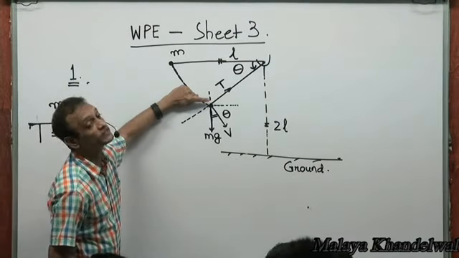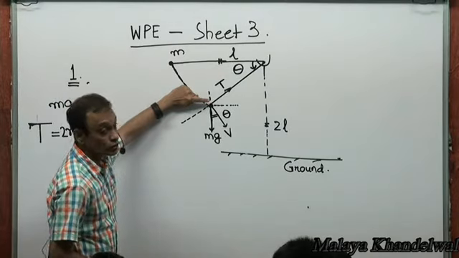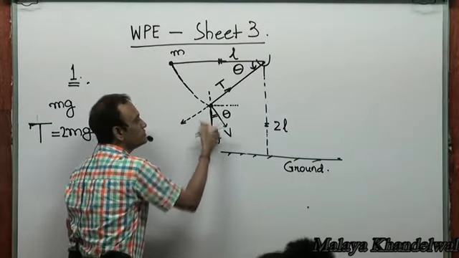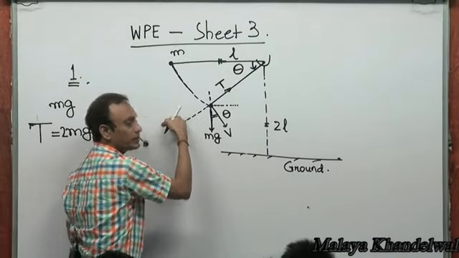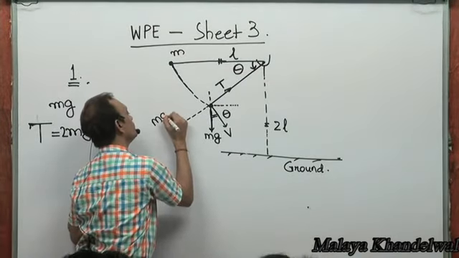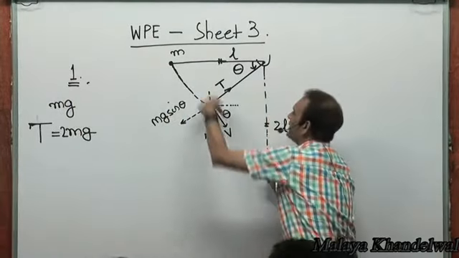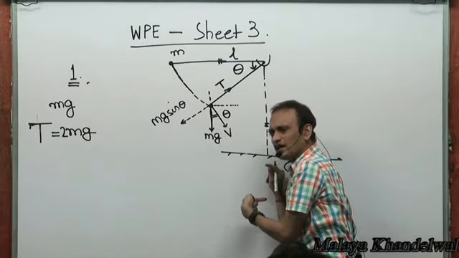Who gives it the centripetal force? Tension minus mg sine theta. Realize that mg has a component in this direction, which is mg sine theta, and a component in the v direction, which is mg cos theta.